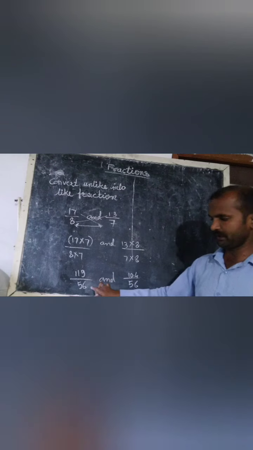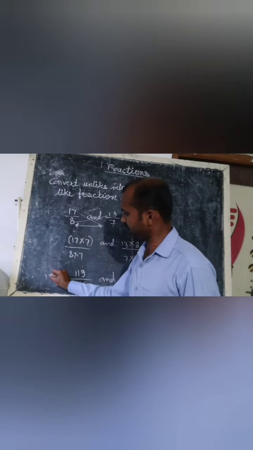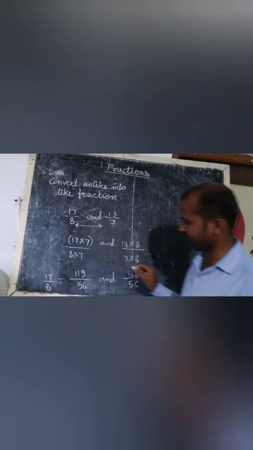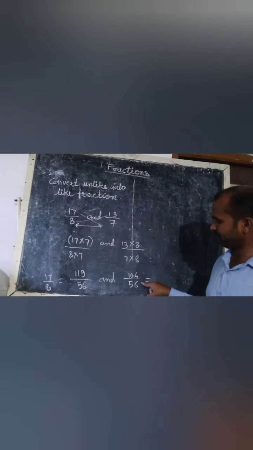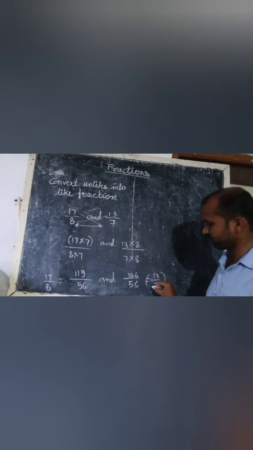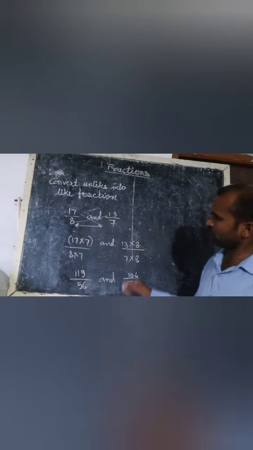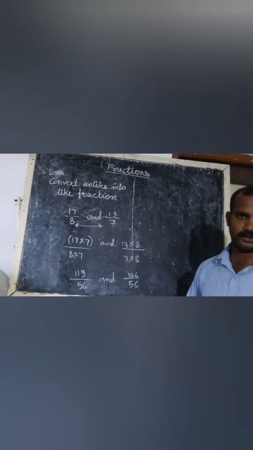This 119 upon 56 is nothing but 17 upon 8 in its simplest form, and 104 upon 56 is nothing but 13 upon 7 in its simplest form. Getting it? In this way we have converted two unlike fractions into like fractions.